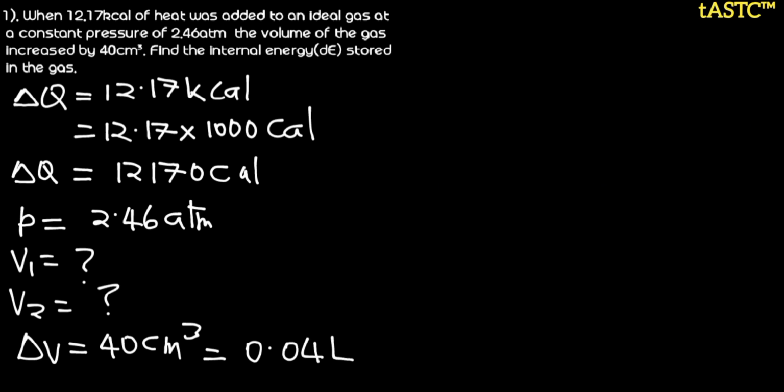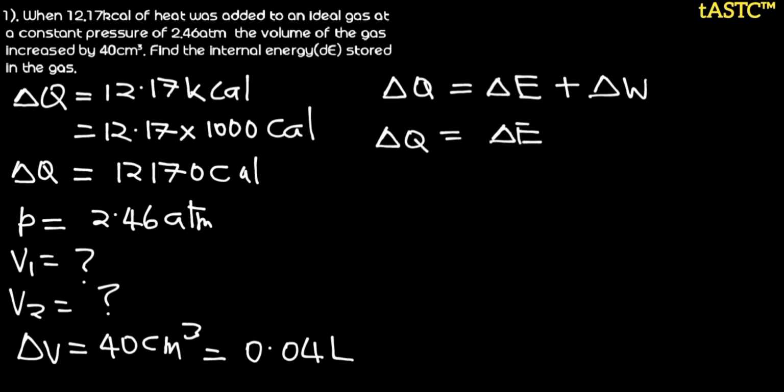Now, next up, we need to find what will be the internal energy which is stored in the gas. From the first law, we have that dQ is equal to dE plus dW. And dW is equal to pdV. So that will make this equal to dE plus pdV. Now what is dV? dV in this case is 0.04. So we need to find the internal energy.